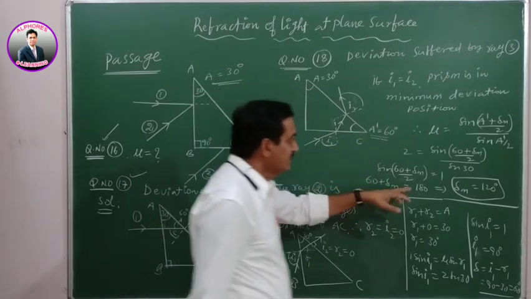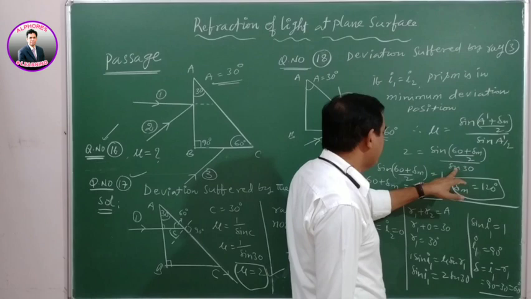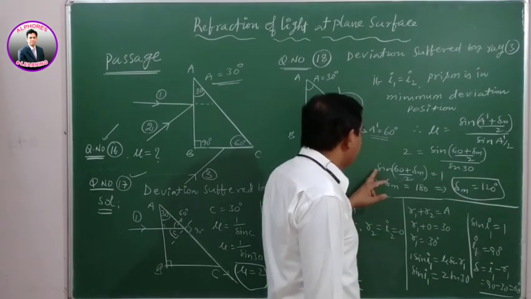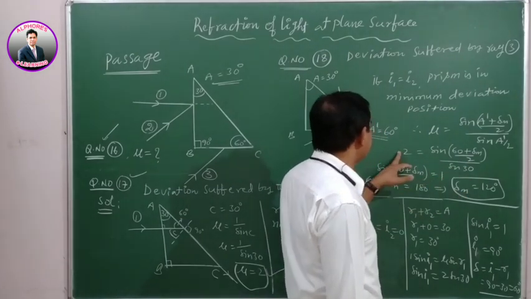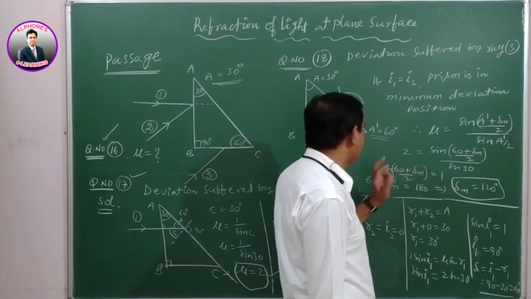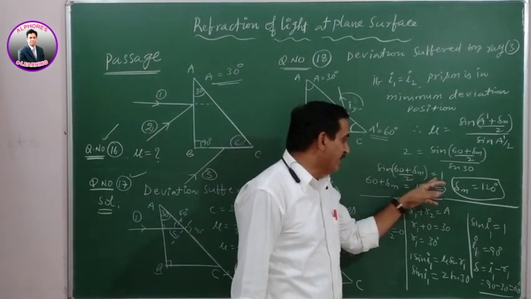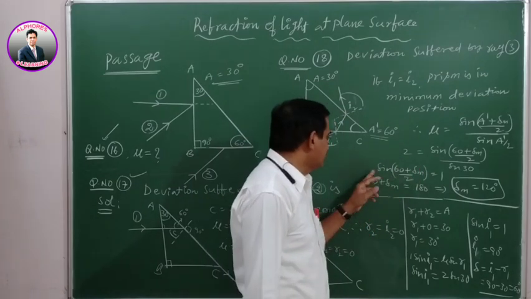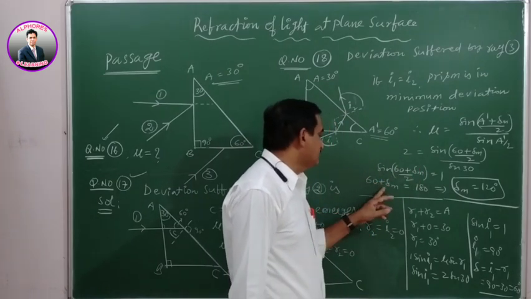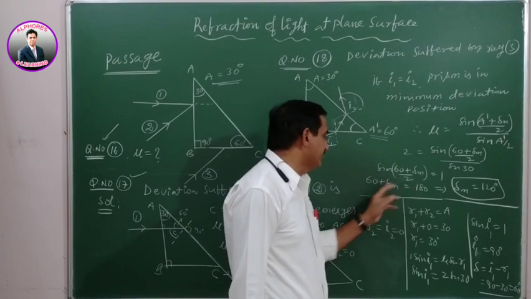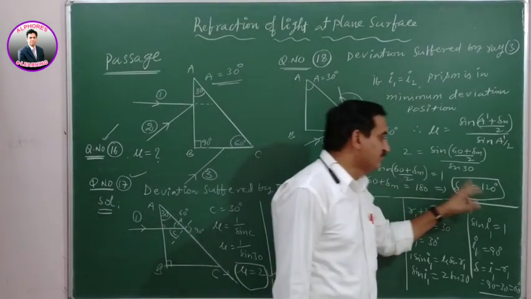These two are different. Therefore, 60 plus delta minimum by 2, by sin 30. By simplifying, taking 2 to this side, into 1 by 2, it becomes sin of (60 plus delta minimum by 2) equals 1, then 60 plus delta minimum by 2 equals 90, taking this side 180 and simplifying.